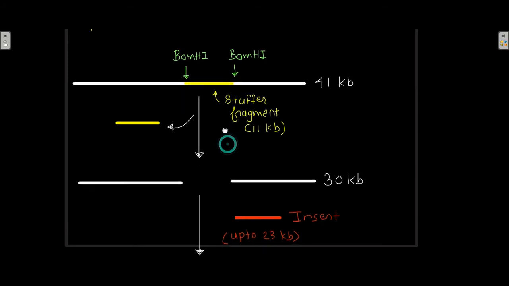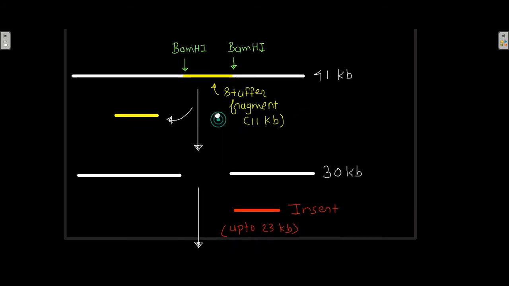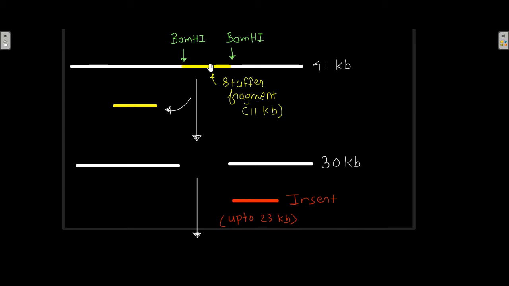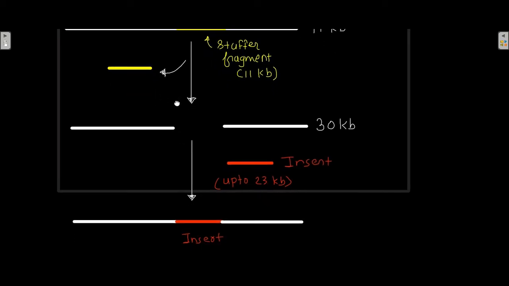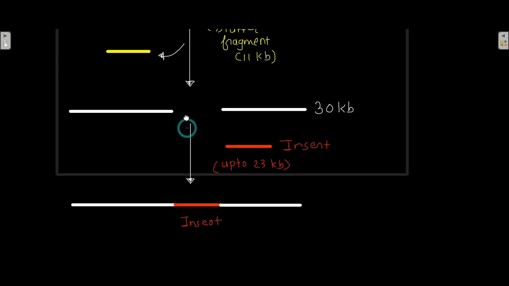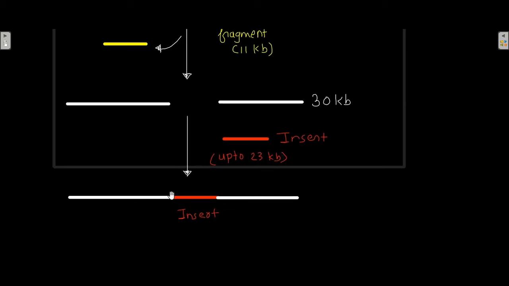So by using restriction enzyme you cut this stuffer fragment from this lambda genome, and then there is a gap. Then you ligate that gap with your target DNA, with your insert, and that is how the replacement lambda vector is able to carry your target gene.